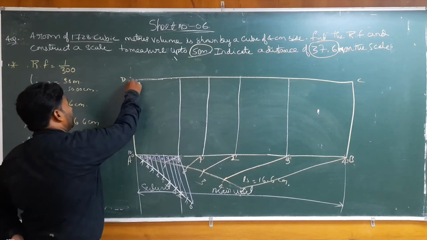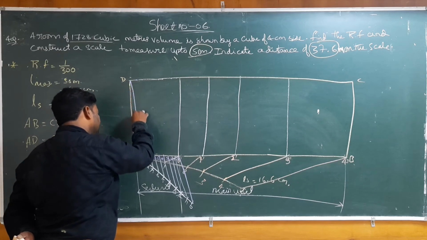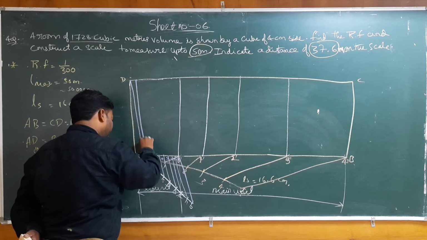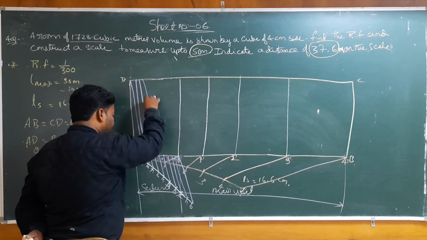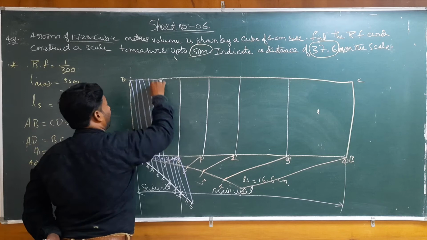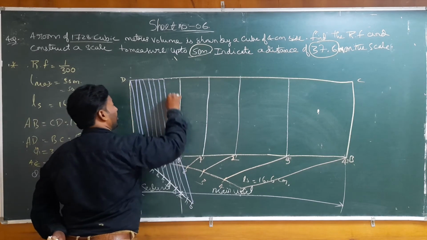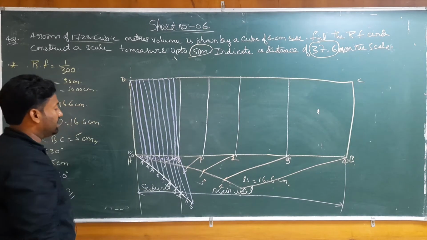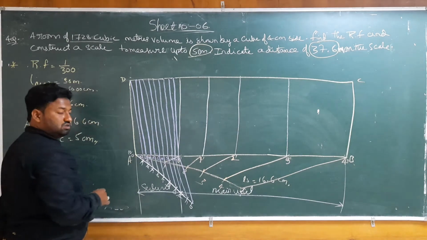So from this point 10, I have to draw a diagonal line, that is nothing but an inclined line, to 9. 10 to 9, 9 to 8, 8 to 7, 7 to 6, like this I have to mark all the lines. Finally 0 to 1. Now this is a subunit.